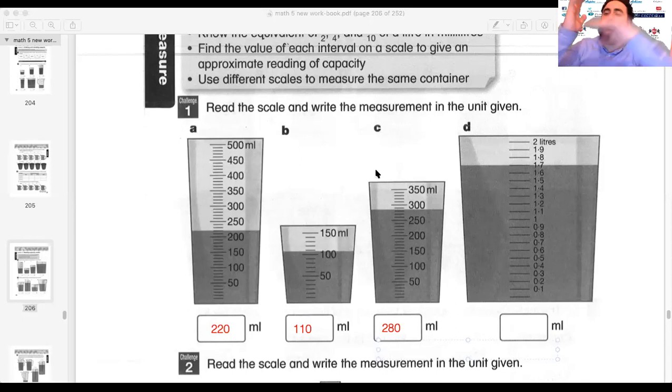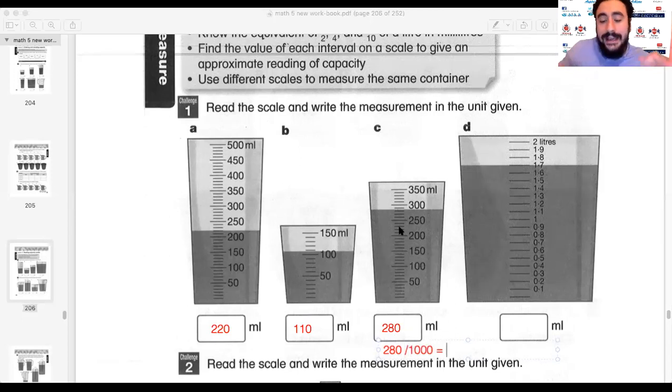Milliliter is the smallest, it's not the greatest. So I'm going to divide milliliter. If I want to convert 280 milliliter into liter, I'm going to take 280 milliliter and divide it by 1,000.